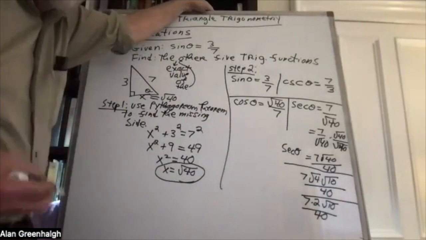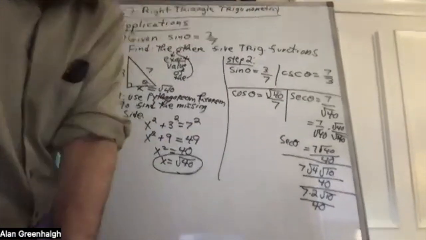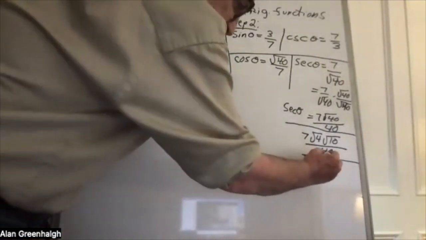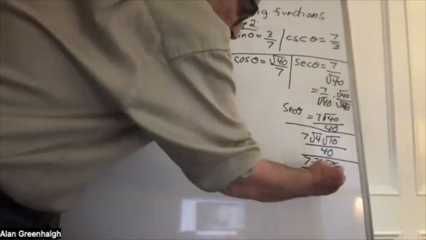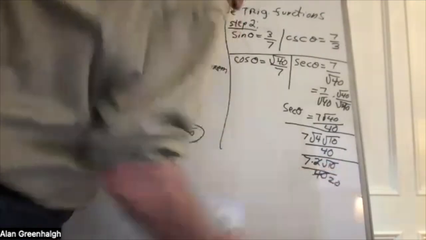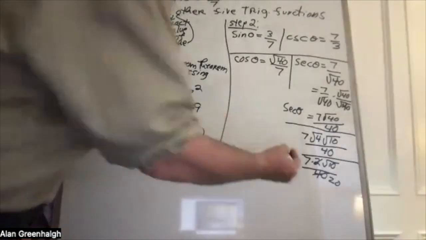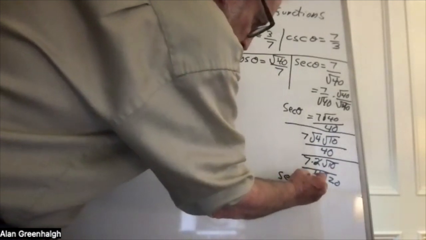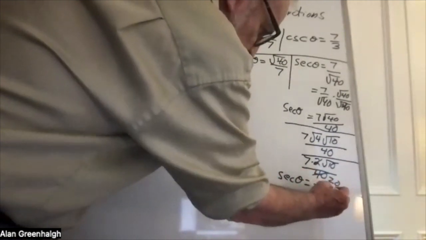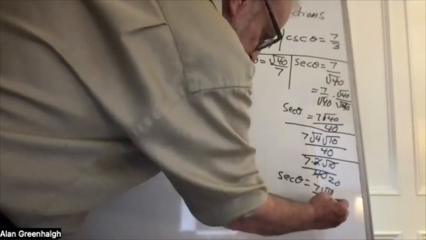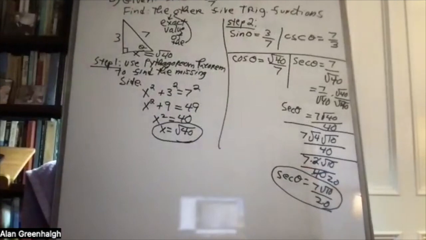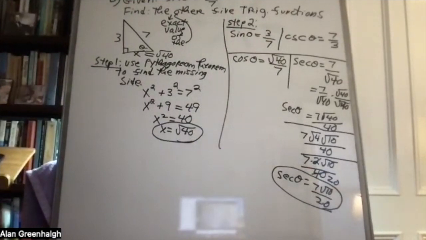Now, you may be inclined to multiply 7 times 2, but even better is to cancel out the 2 with the 40, reducing the fraction. This is all the tools that we've acquired in the past several weeks, which helps us simplify expressions. And that's the answer to that particular question.